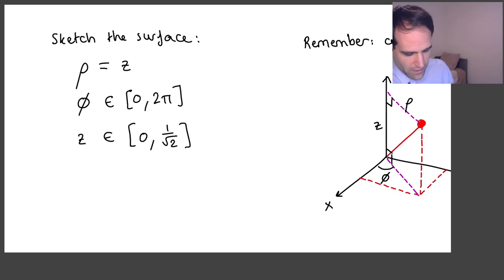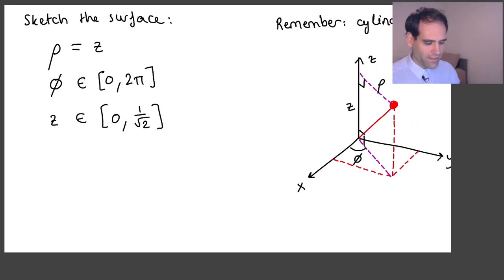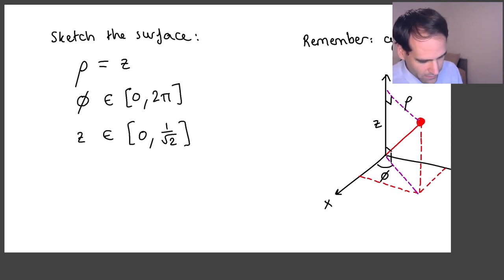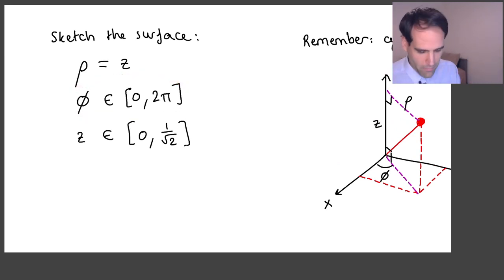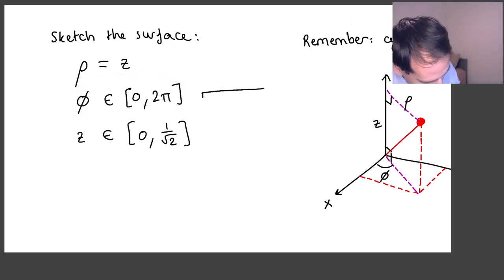But of course, the key information for the shape of this surface is rho equals z. So how can we figure out what this looks like? What I would recommend is this trick. Imagine that we fix phi to a given number between 0 and 2 pi. Remember, these two variables, phi and z, are going to be our sliders.